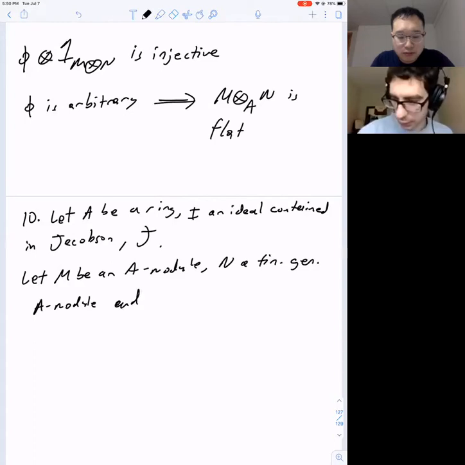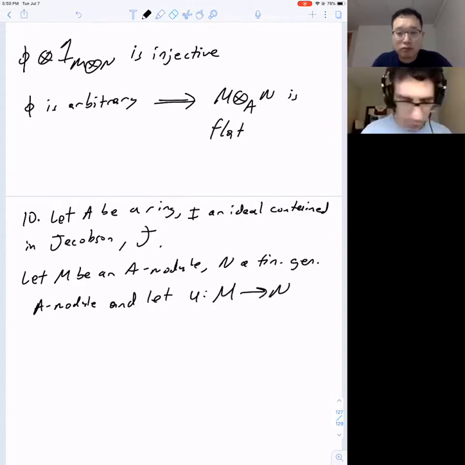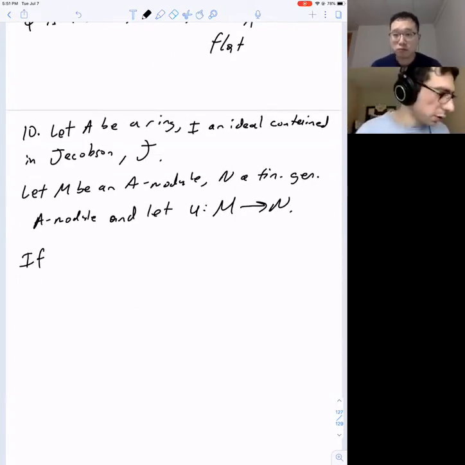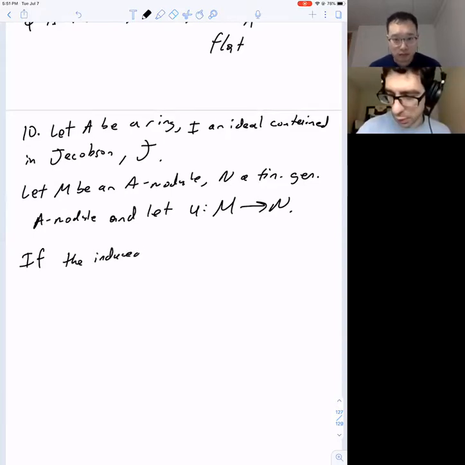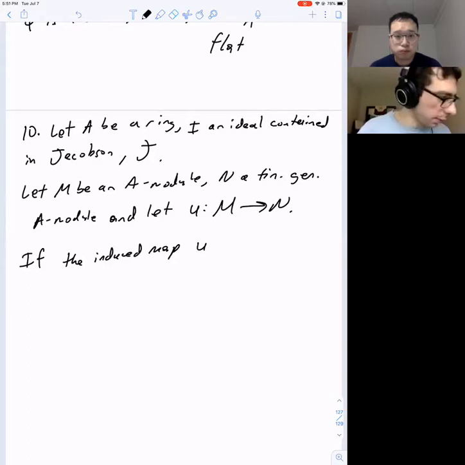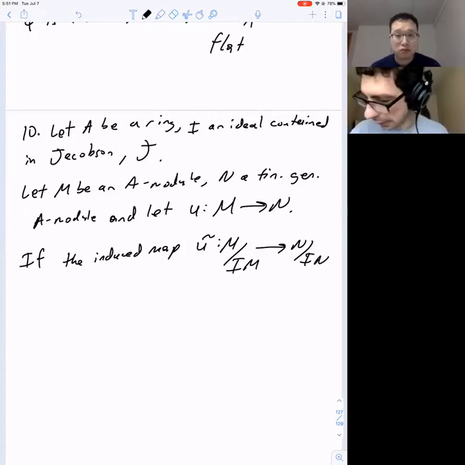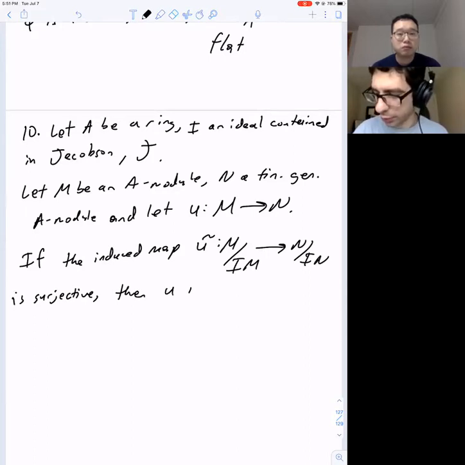And let's say U is a map, which is a homomorphism. Let's say that there's an induced map, which is a natural case, M mod IM maps to N mod IN. If it is surjective, then the map we started with is surjective.